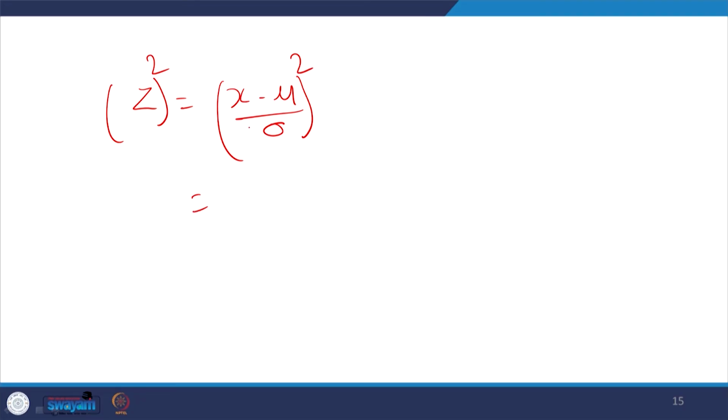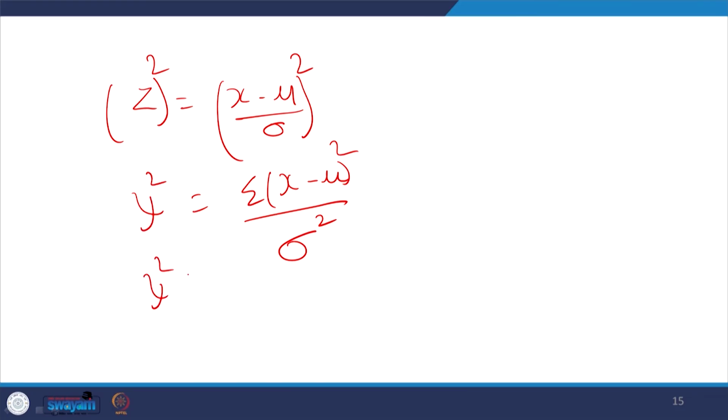Like that you take different samples, different x1, x2, x3. So, this will become sigma of (x minus mu) whole square divided by sigma square. So, the square of z will become a chi-square.